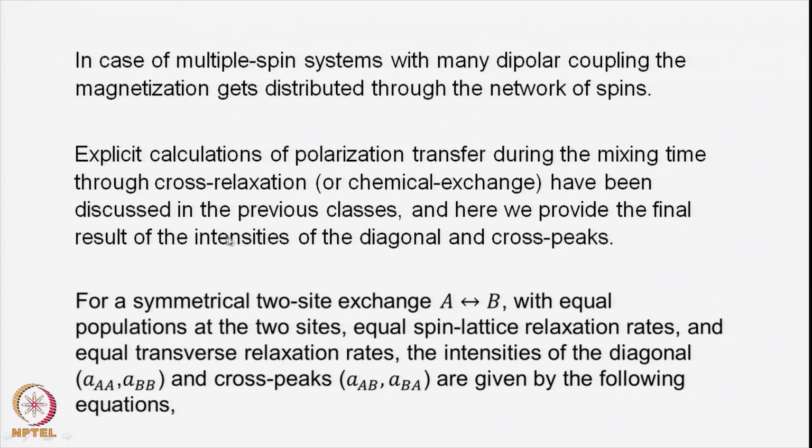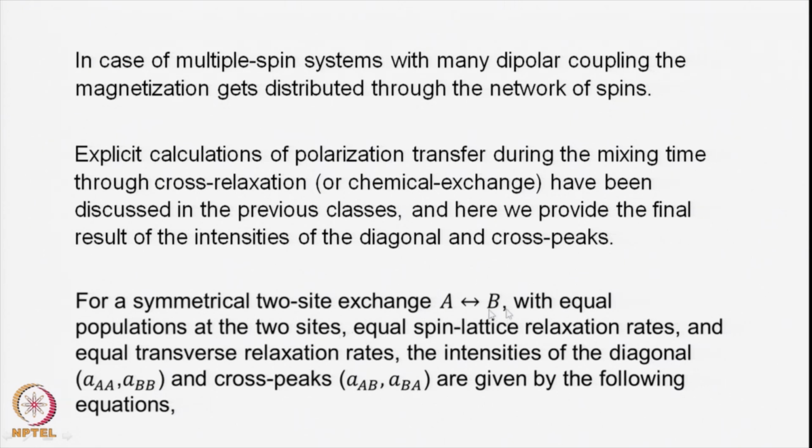Here we provide the final result of the intensities of the diagonal and cross peaks. Now, considering a symmetrical two site exchange A, B, of course this exchange can be chemical exchange or it can also be cross relaxation, with equal populations at the two sites.